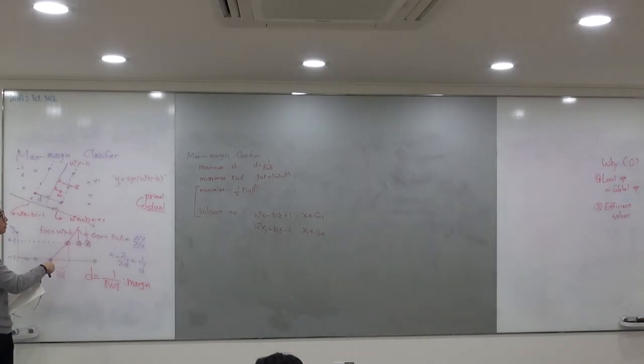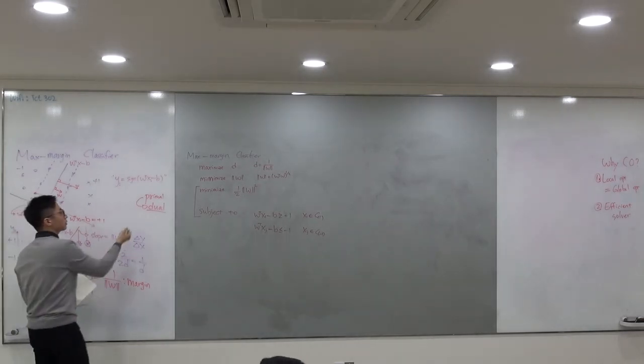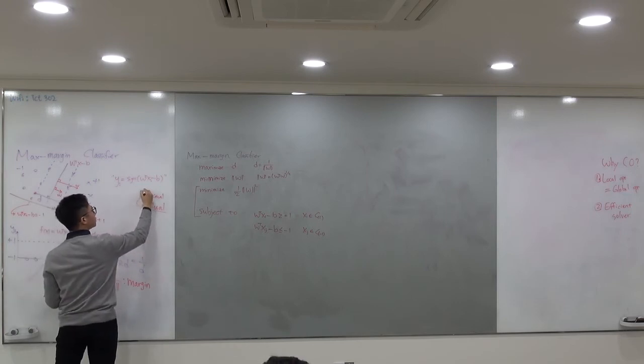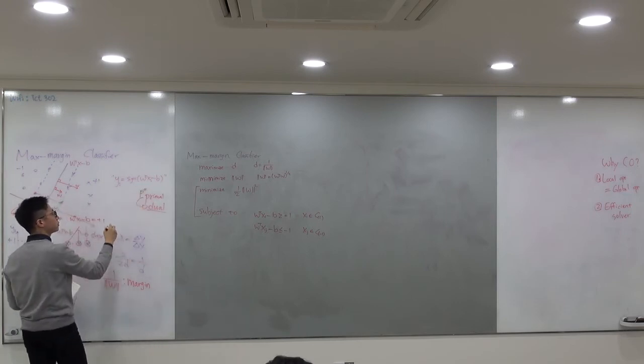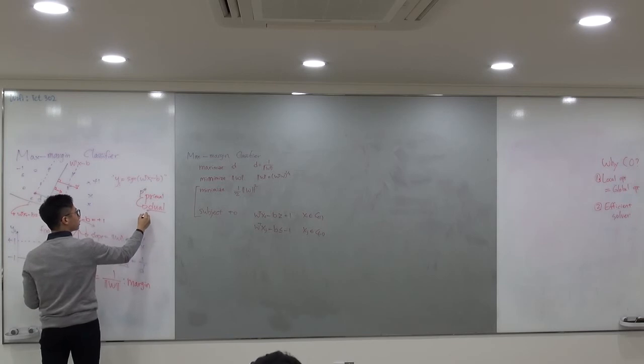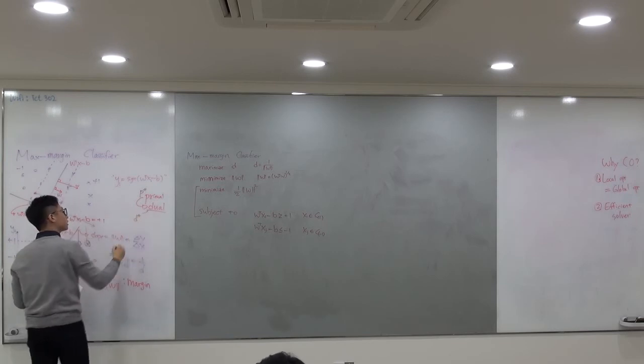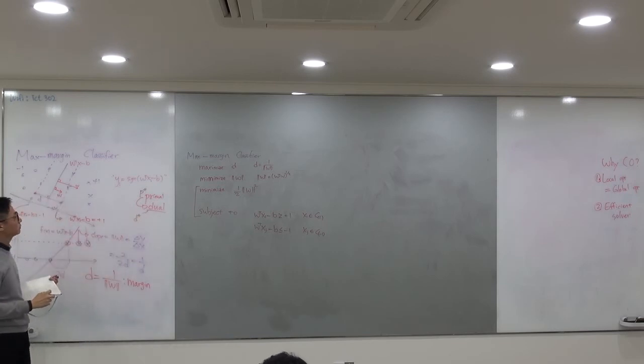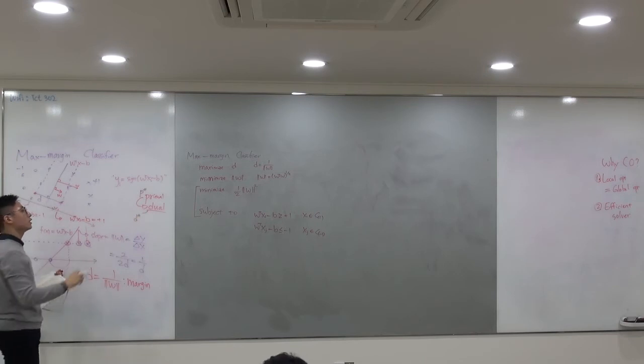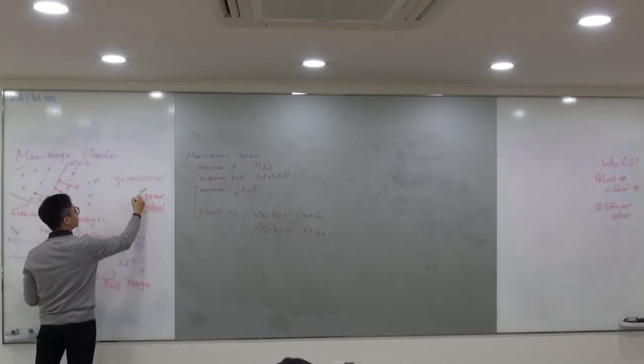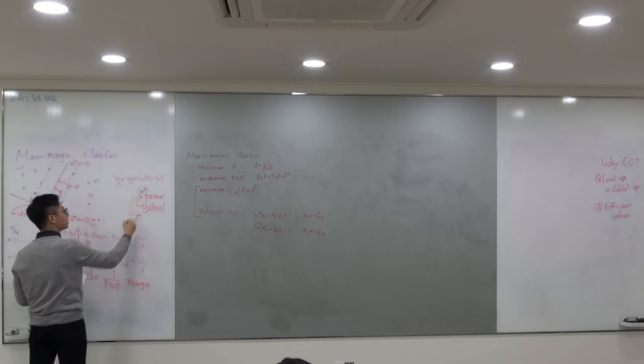Let's say the solution of the primal problem is P star. The solution of the dual problem is not necessarily the same in general. However, in a convex optimization problem, these two are exactly the same.